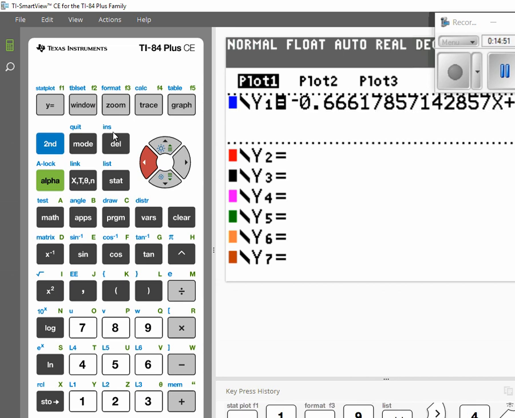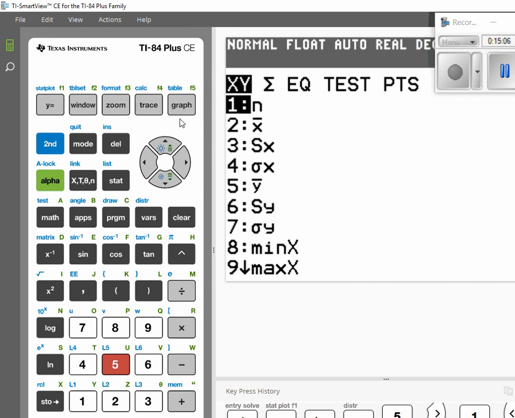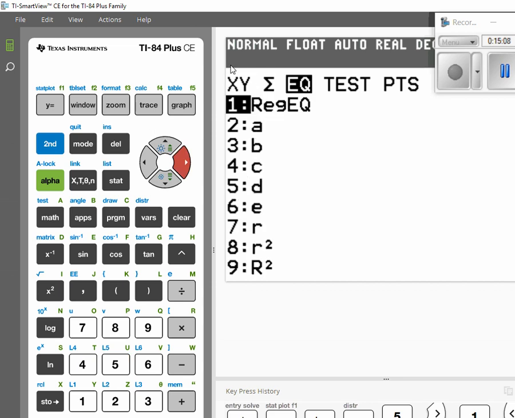If you ever have trouble remembering this, you could just try to type as much as you could. So what I did was vars, statistics, number 5. Then I toggled to the right to get equation, and I selected number 1, regular equation. Okay?